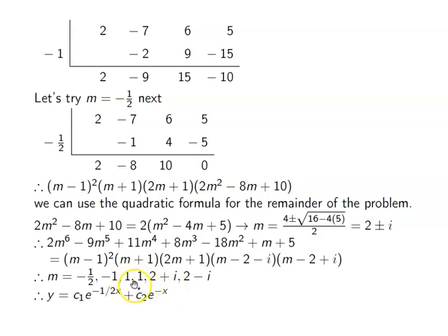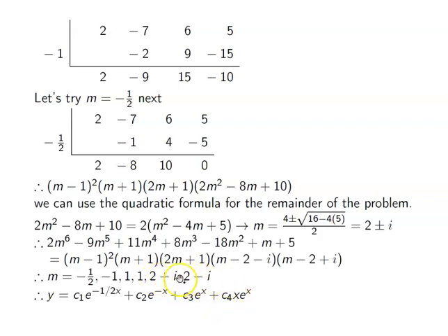This shows up twice, so I'll have plus C3 e to the x, and then the next one will not be C4 e to the x because that would just add them together, so it'll be C4 x e to the x. So this root is a repeated root, so I have that x that shows up.